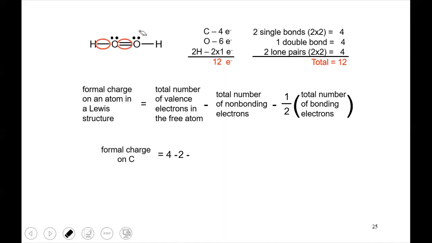So we have a single bond there and a double bond there. So that is 2 plus 4, that's 6. So I'm going to take out of the 6 bonding electrons, 1/2 of them as belonging, quote unquote, to the carbon. And that means that the carbon now has a formal charge of -1, and I'm going to write it up there. Give you a few seconds in case you have any questions about how I arrived at those numbers.